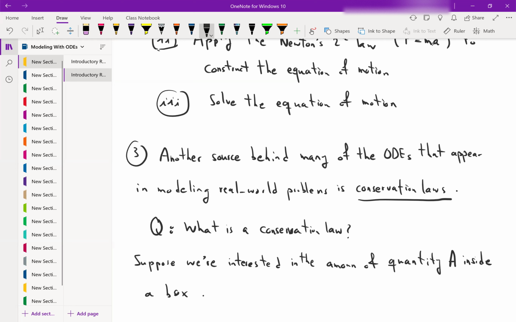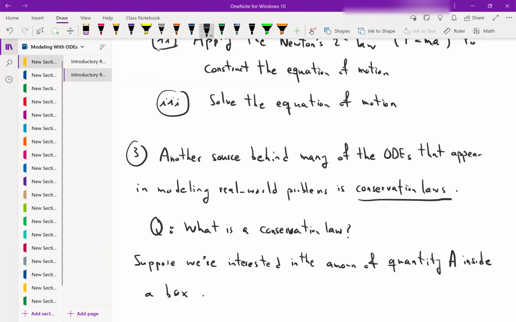For instance, think about you're interested in the amount of certain, like, salt inside the pipe. How much salt do we have inside a certain tank, inside a certain box?